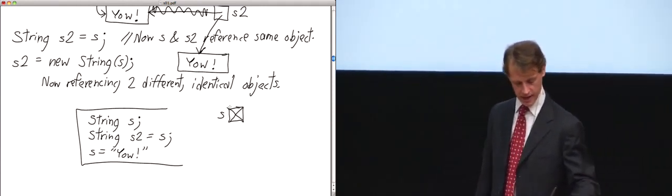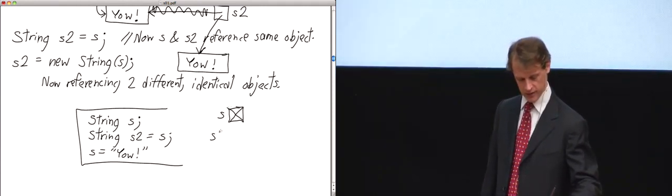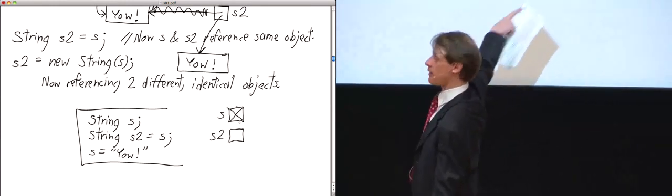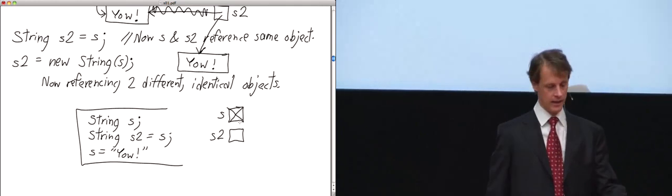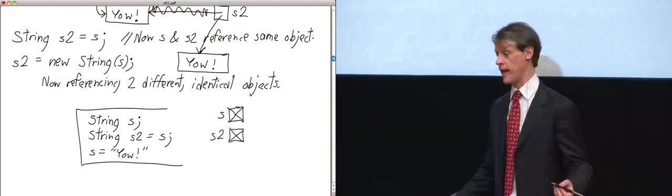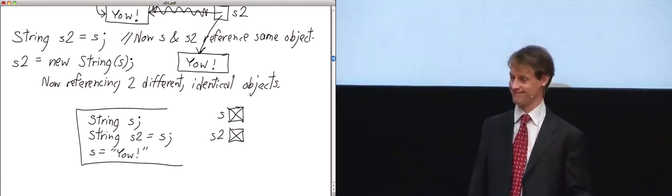And so then when you say the second line of code, it will create a variable called S2, and it will copy what's in the S box to the S2 box. So now you have a null in the S2 box, which you already had, but now you've made sure.